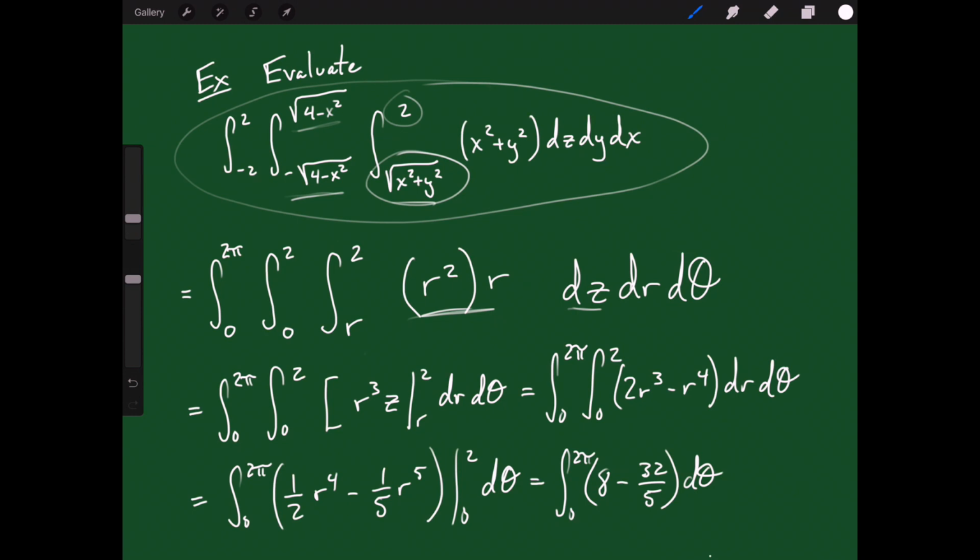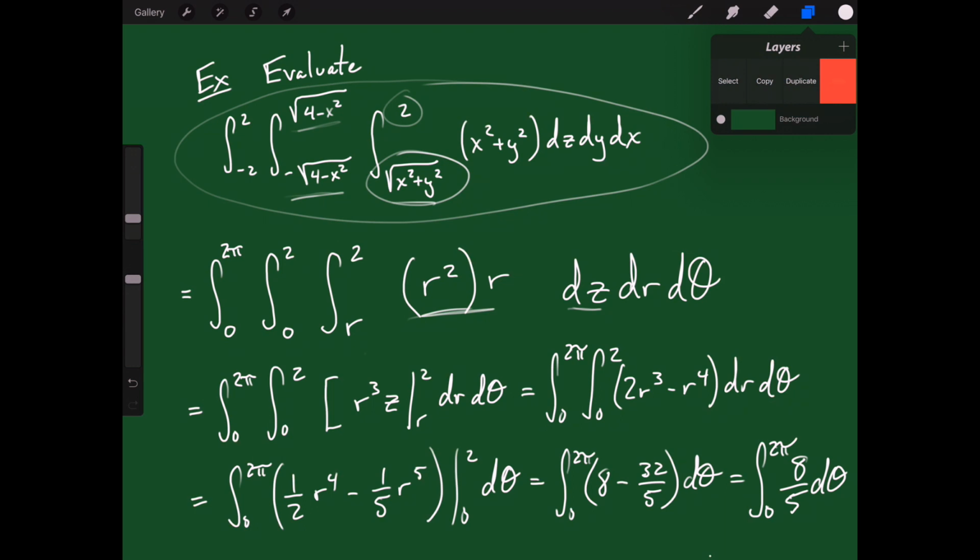Okay, we're almost done here. 8 is how many fifths? I suppose that 8 is 40 fifths. So 40 minus 32 fifths would be 8 fifths. So I really have the integral 0 to 2 pi of 8 fifths d theta.